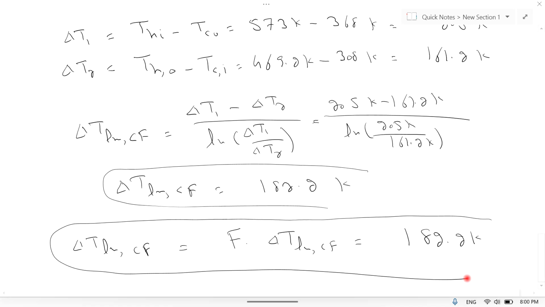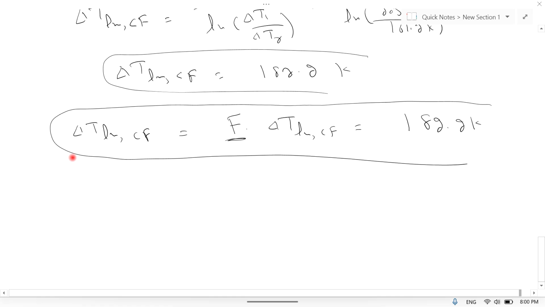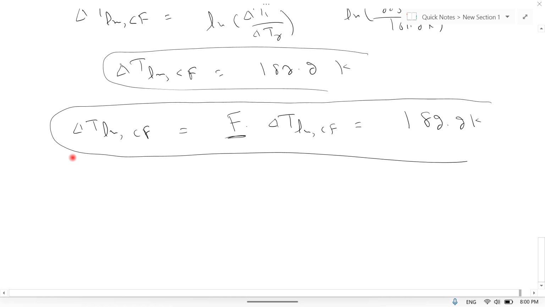Now to find the fouling factor, first we find the overall heat transfer coefficient in case of fouling.